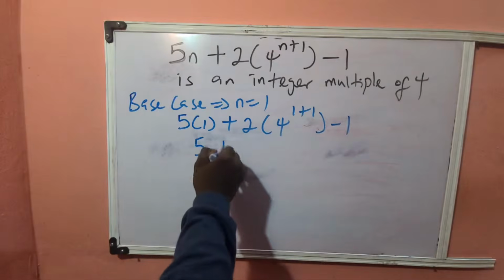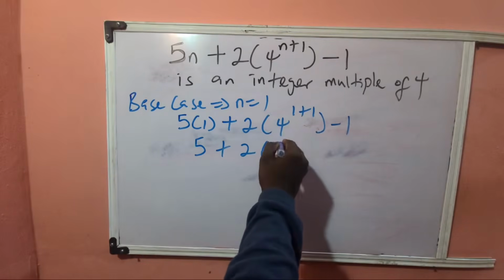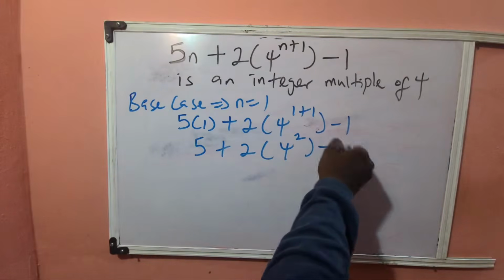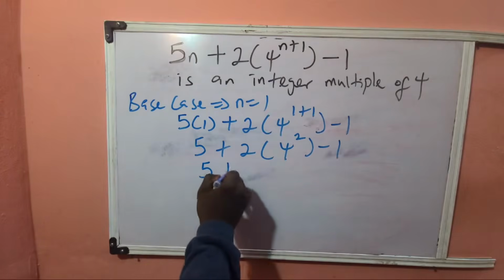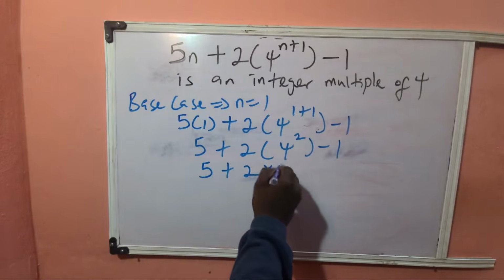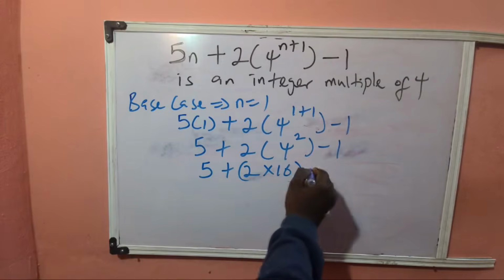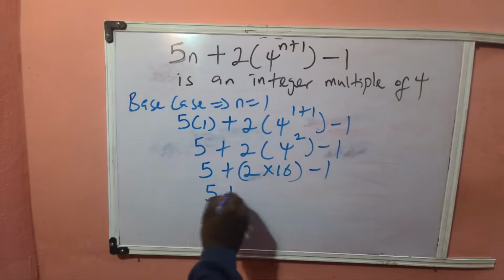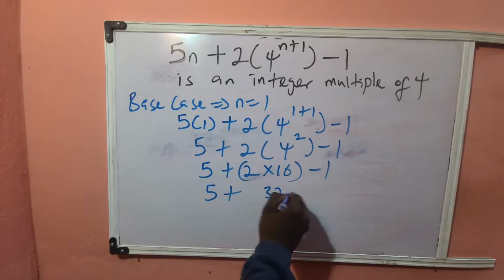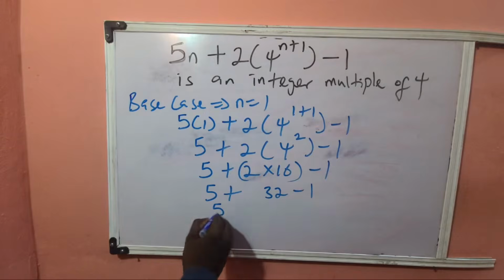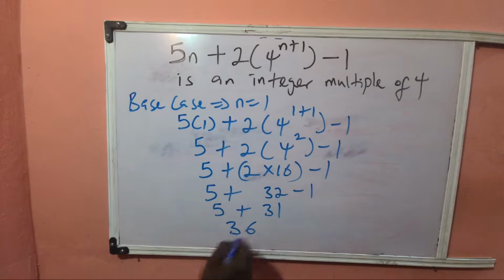This is 5 plus 2, 4 raised to power 2 minus 1. This is 5 plus 2 times 16 minus 1. This is 5 plus 32 minus 1. This is 5 plus 31. This is 36.